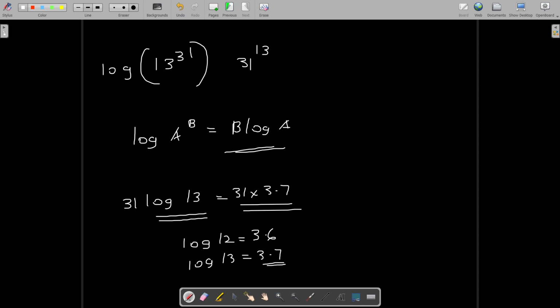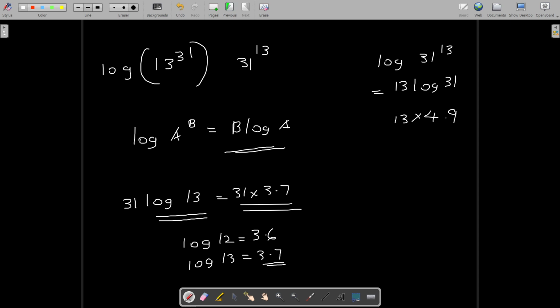Now the other side is log of 31 raised to 13. This is written as 13 log 31. Now log 31 is a little less than log 32. It is a little less than 5. We can take it as 4.9. This is 13 times 4.9.